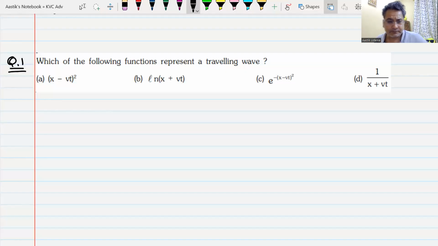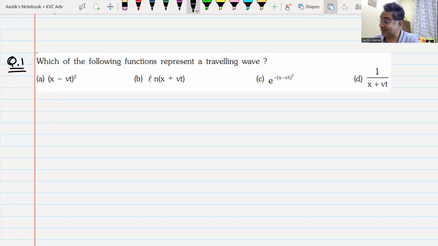So, which of these equations represent a wave, my dear friend? A, B, C, or D?